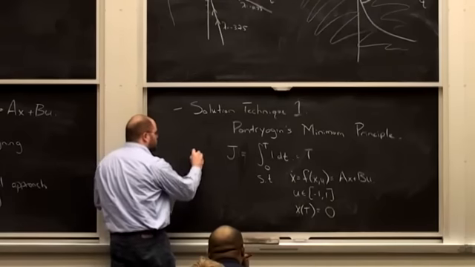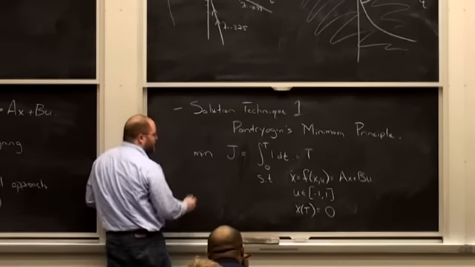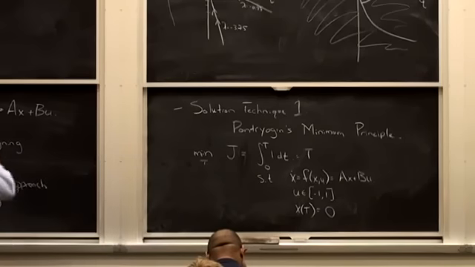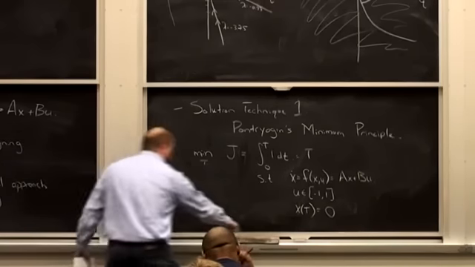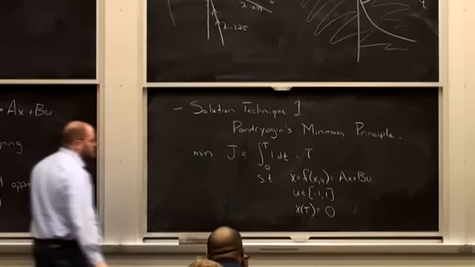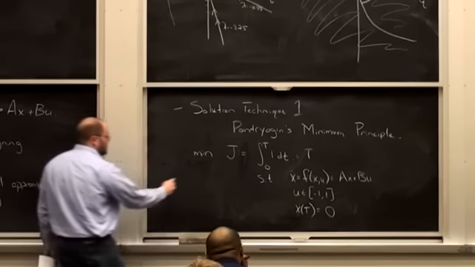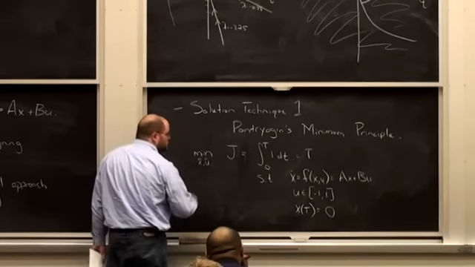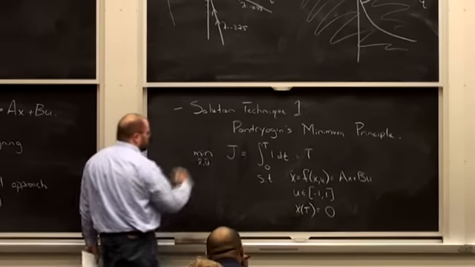Given those constraints, we can say let's minimize T. We're going to minimize that J. So minimize with respect to the trajectory in x and u that cost function.